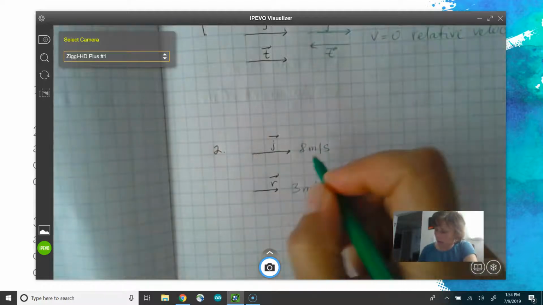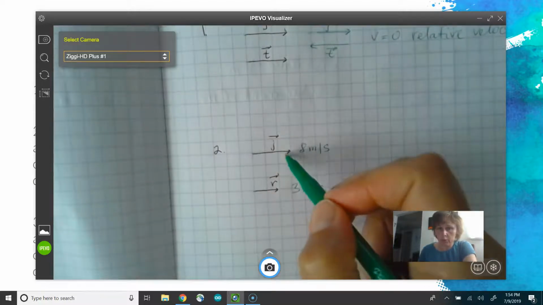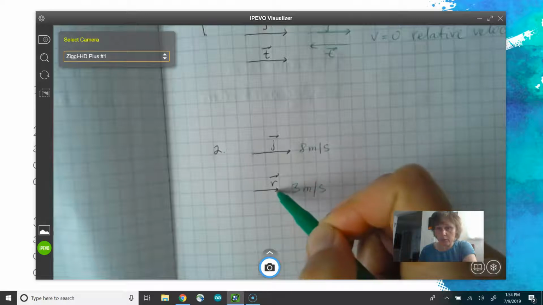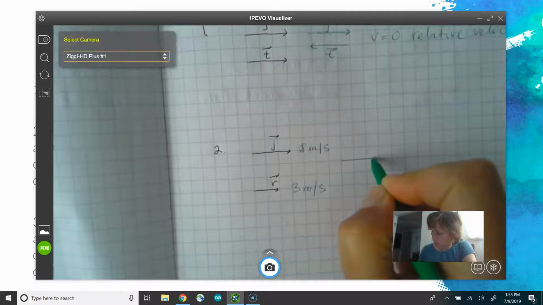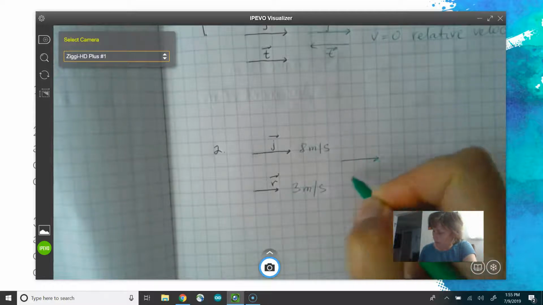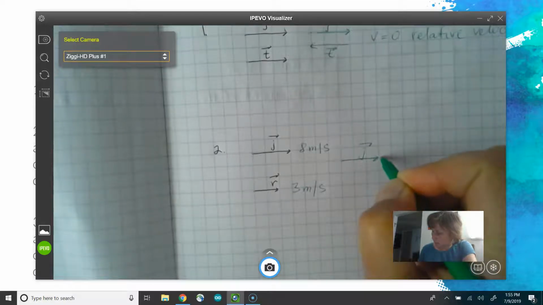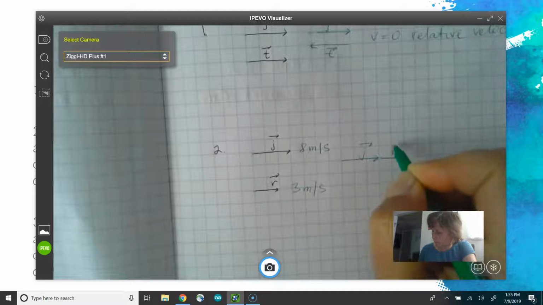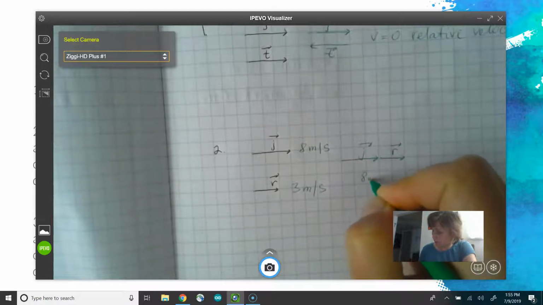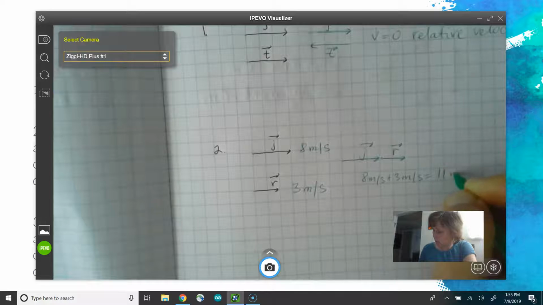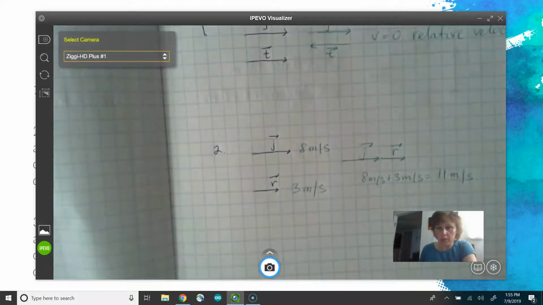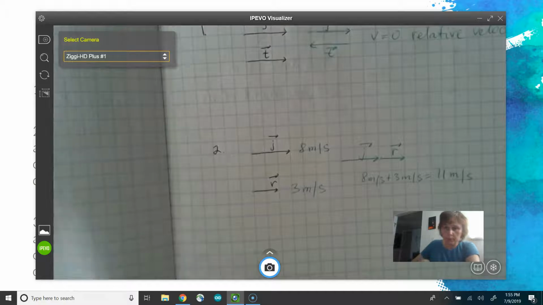We want to add the two vectors, the velocity of the jet ski in still water and the velocity of the river's current. So we're going to have j plus r, the velocity of the river, which is 8 meters per second plus 3 meters per second equals 11 meters per second, the relative velocity of the jet ski to the shore.